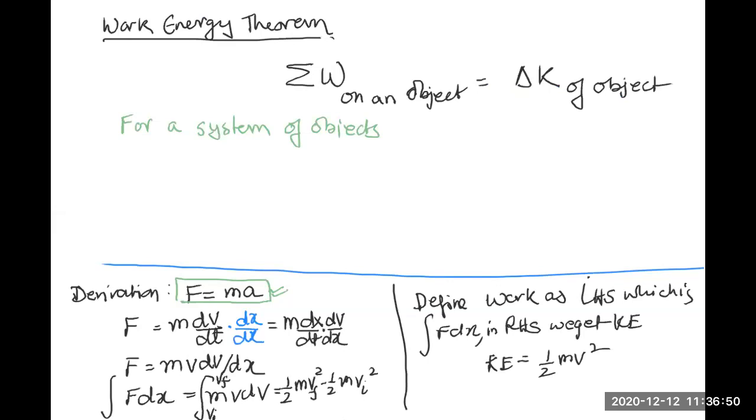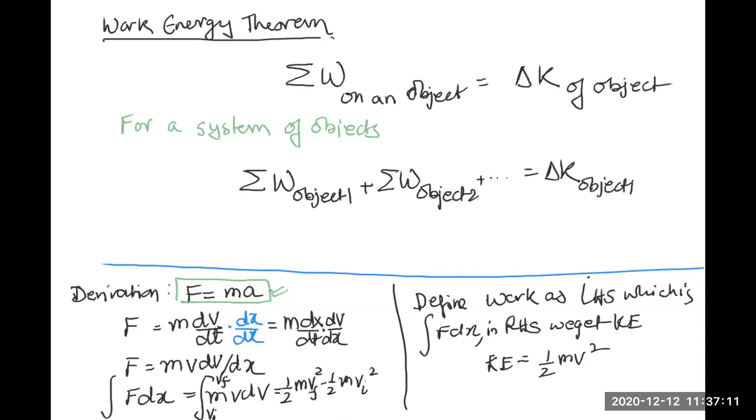For a system of objects, the summation of work done on object 1 plus the summation of work done on object 2 and so on is equal to the change in kinetic energy of object 1 plus the change in kinetic energy of object 2 and so on.